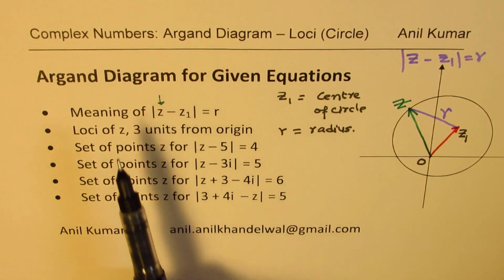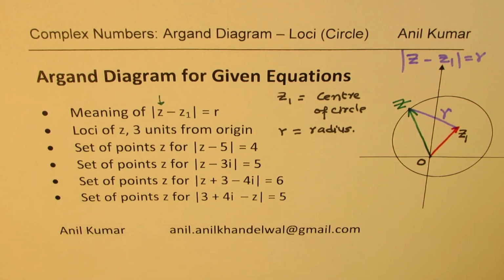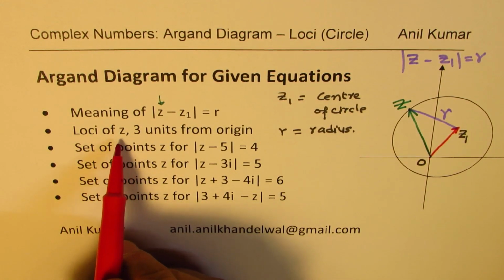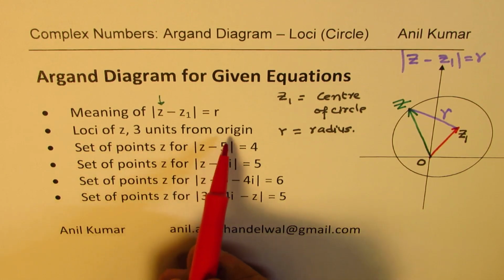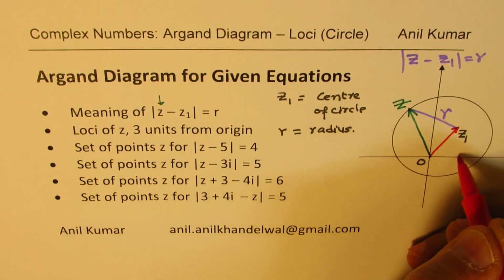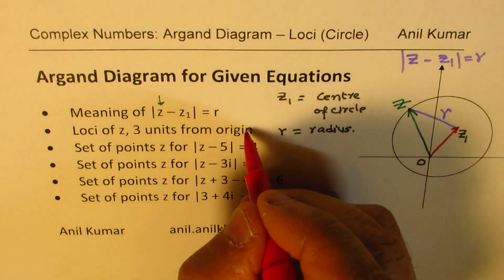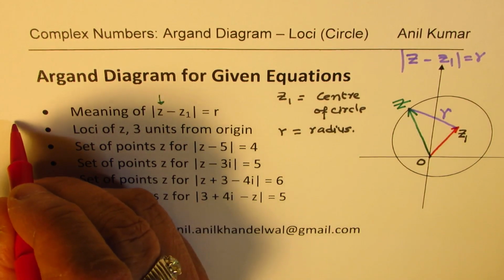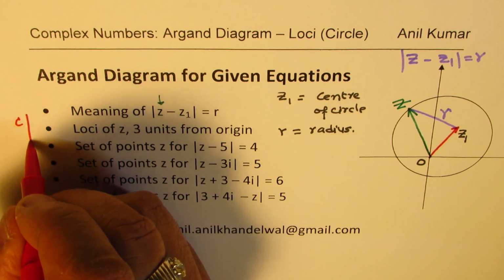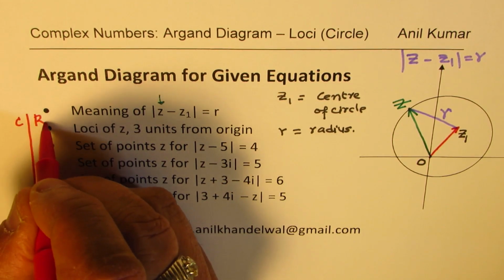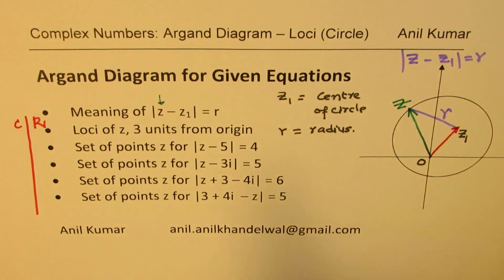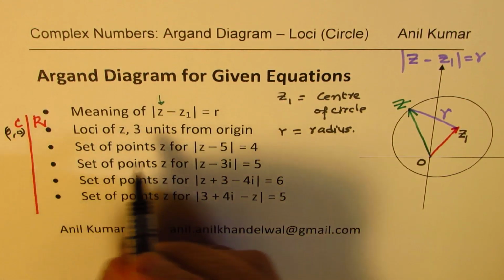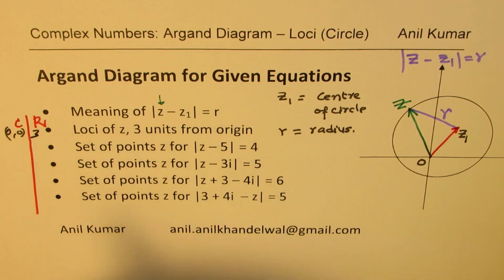Perfect. In the first example, which we took here, we are saying loci of z 3 units from origin, means from here all the points were 3 units. So center was at 3. So if you make a table for, let's say, center and the radius, so you'll realize that in this case the center was at 0, 0 and the radius was 3 units.